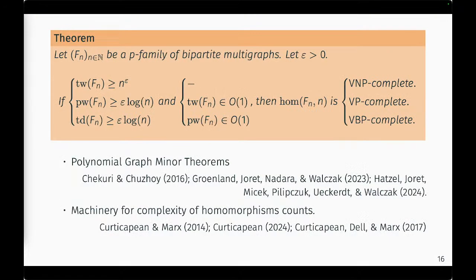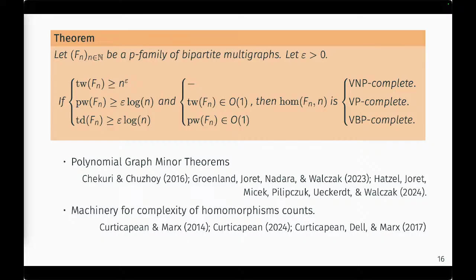Okay, so how do we prove this? There are two ingredients going into this. On the first hand, we need quite sophisticated graph theory that was introduced only a couple of years ago. So we need polynomial graph minor theorems for these three graph parameters, tree width, path width, and tree depth, that are very, very tight.